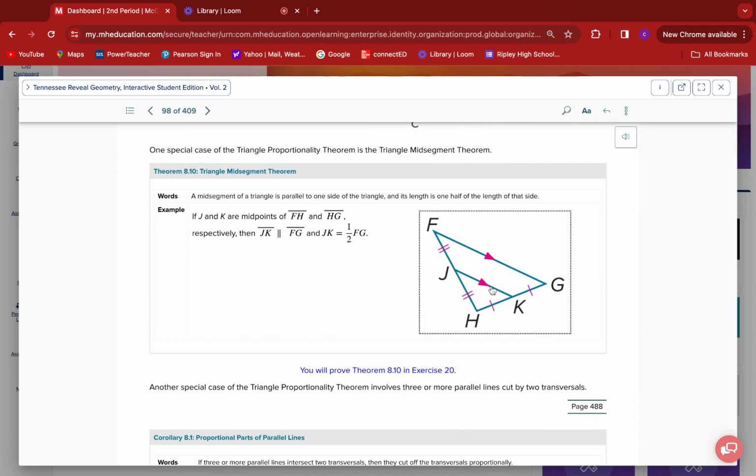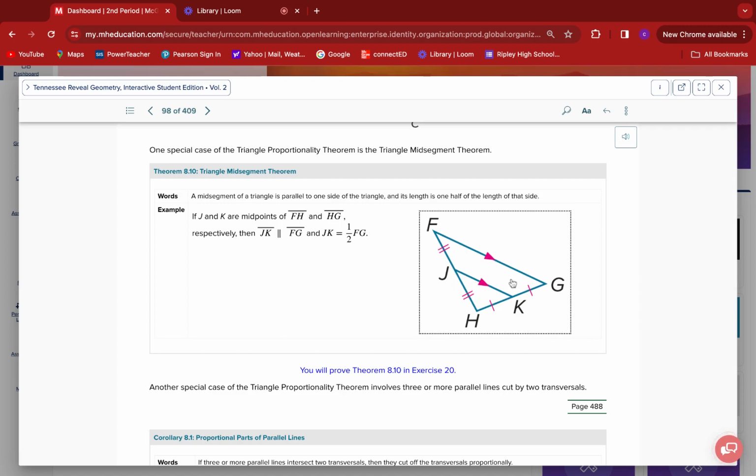Okay, so if you're sitting there completely lost, and you're a visual person, this is it right here. FG is the side of a triangle. Its parallel JK is a mid-segment. I know that because it is bisecting HG side. See how they're marked equal to each other? And it's bisecting FH side. And again, see how these two segments are marked equal to each other, the 2 slash and the 2 slash.